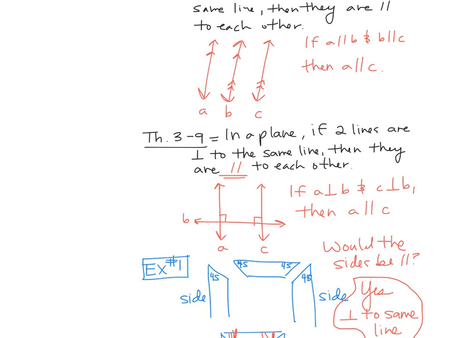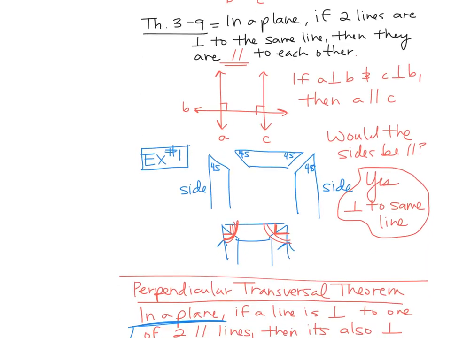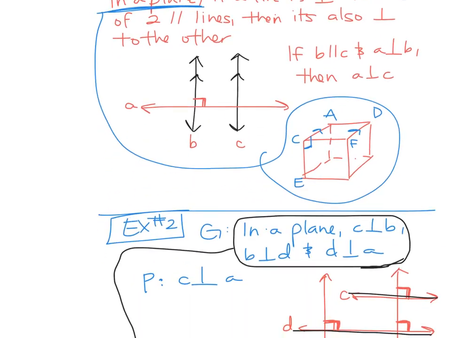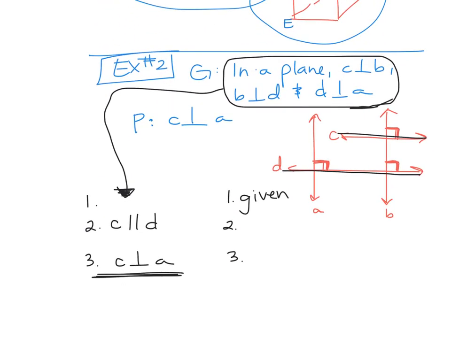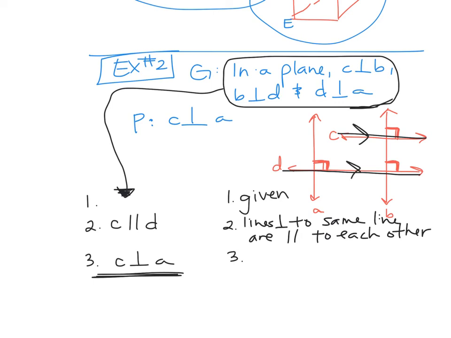That's 3.9 right there. Okay, so you can say theorem 3.9, or rather than try to memorize a theorem, just say lines perpendicular to the same line are parallel to each other. Okay, so I know right now that C is parallel to D.